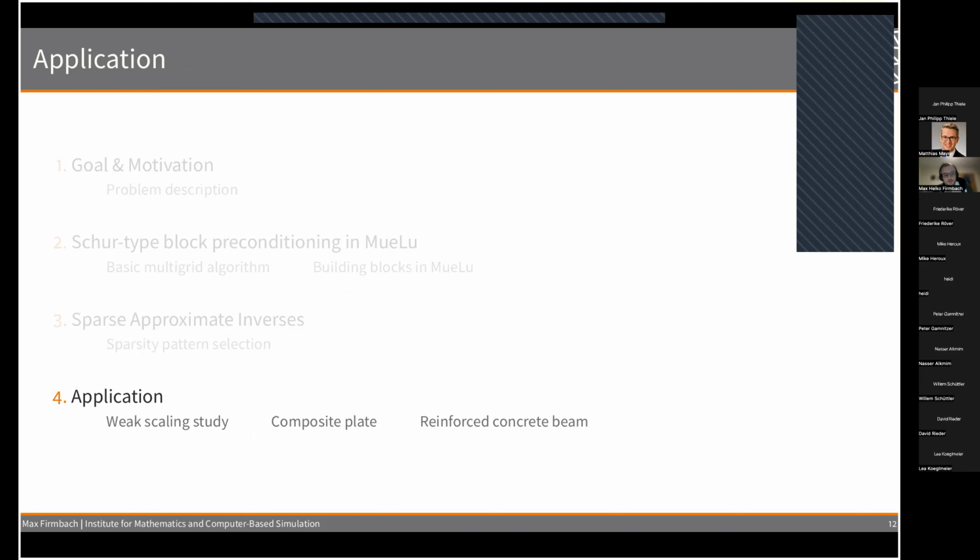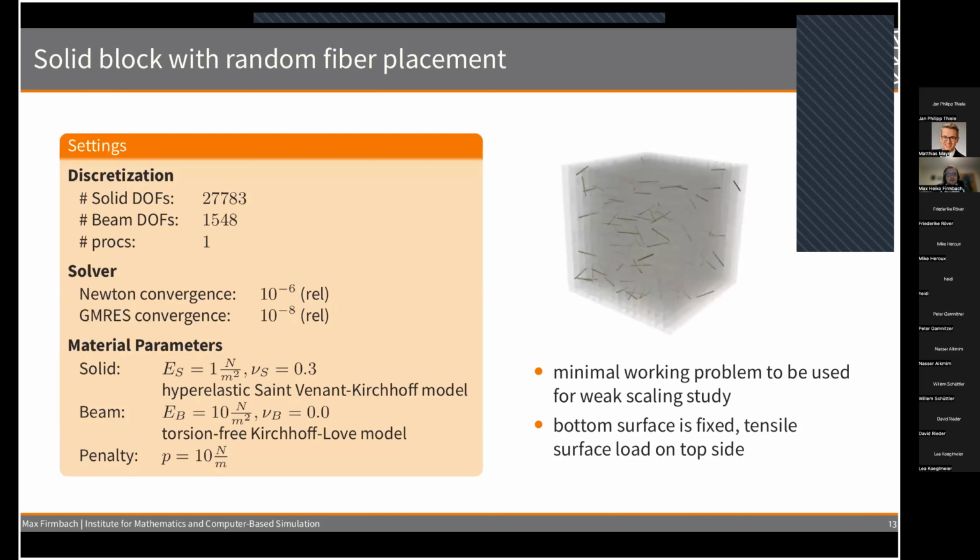So finally, let's have a look at some applications. As a very minimal working example, I want to show this solid block with a random fiber placement inside. What you can see is just a cube of solid elements with a hyperelastic Saint Venant-Kirchhoff model. And inside there are 1D beam elements, torsion-free Kirchhoff-Love beam elements, that were placed randomly inside.